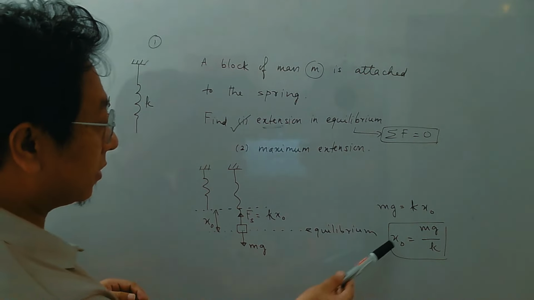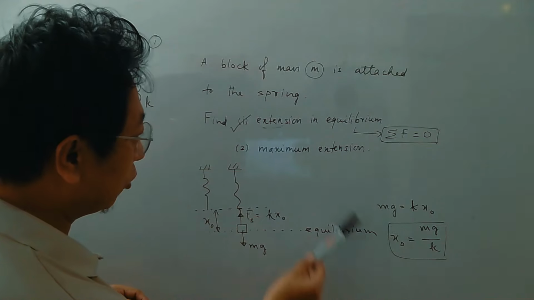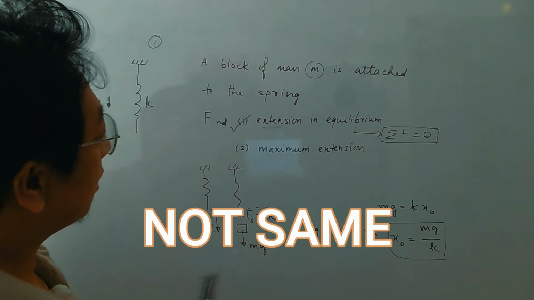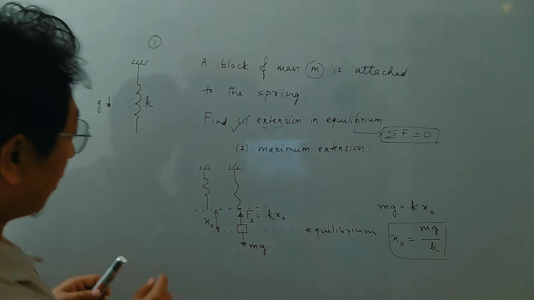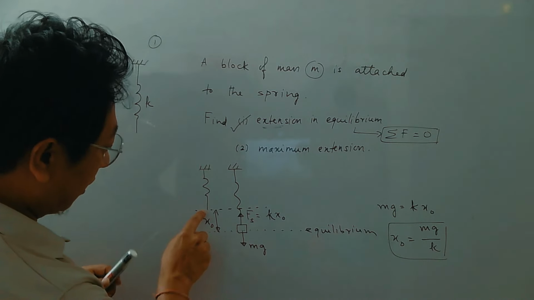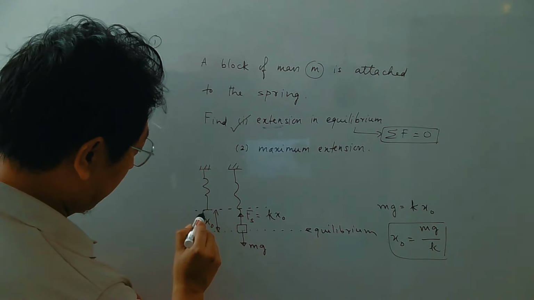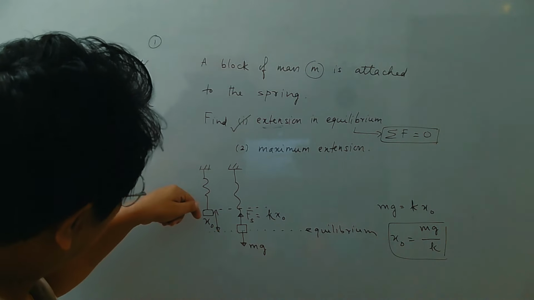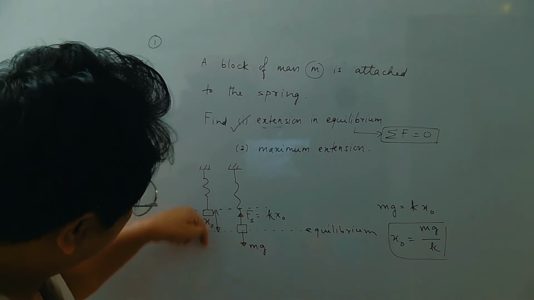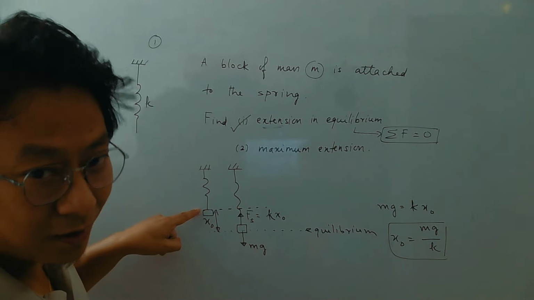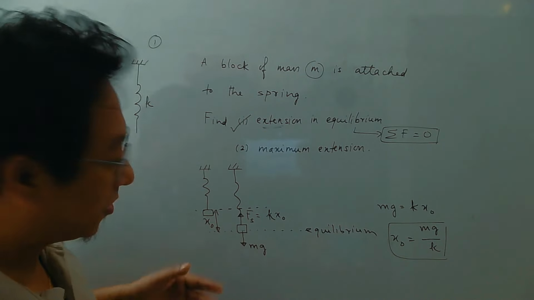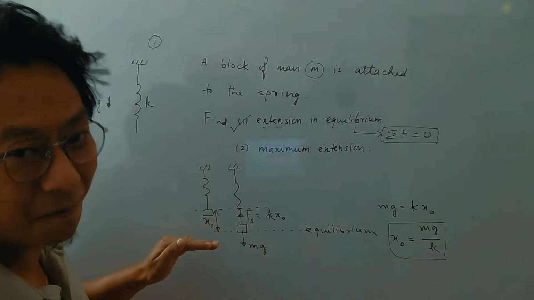Now why is this extension in equilibrium not the same as the maximum extension? Because when you first attach the block here, what will happen? There will be a gravitational force mg, and what will be the spring force at this position? At this position spring force will be 0 because there is no extension till now, right?